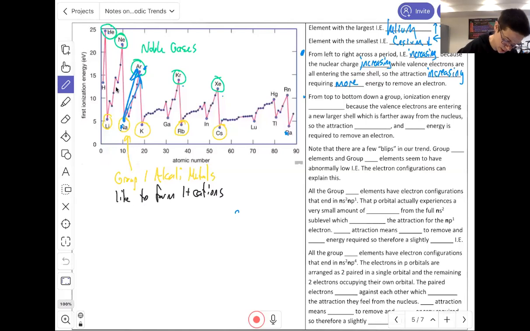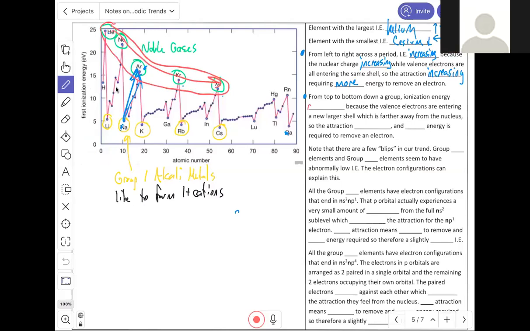This is your top to bottom explanation. Now let's look top to bottom. What's happening as we go from top down to bottom here? Ionization energy is doing what? Decreasing, yeah.